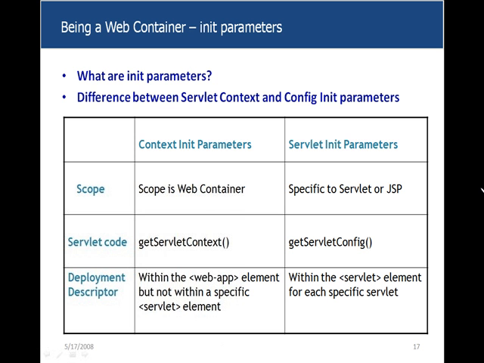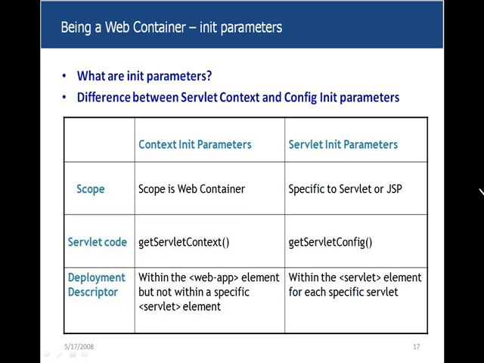Say, for example, you want to store the path to the data source URL. You can put that URL in this init parameter element: give a parameter name data source, start the data source tag, put the value, and close the data source tag.